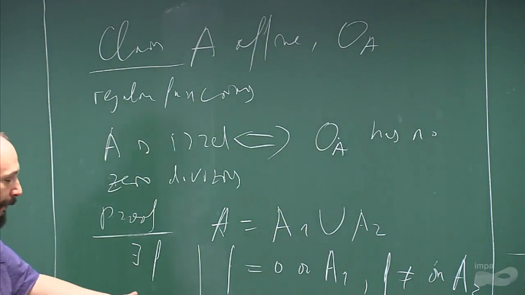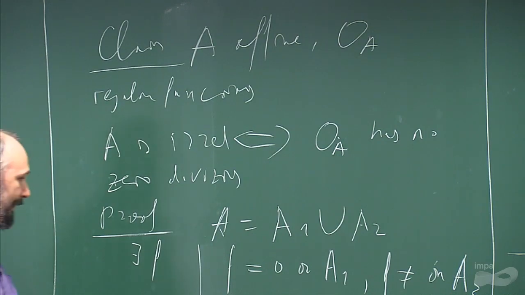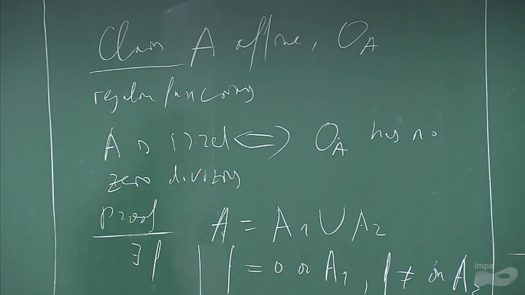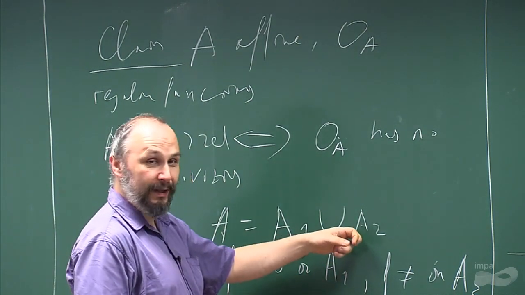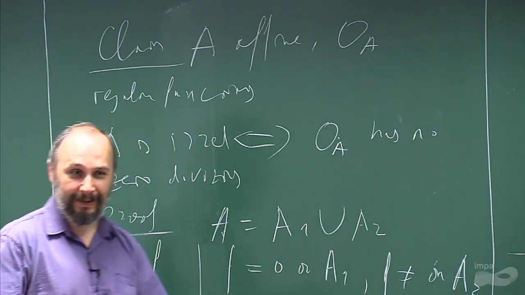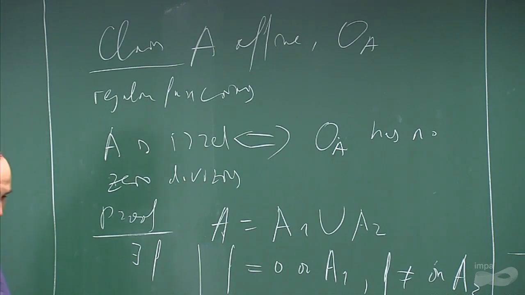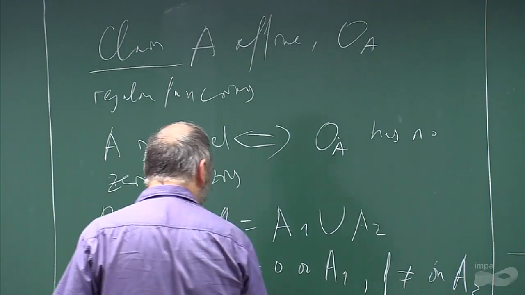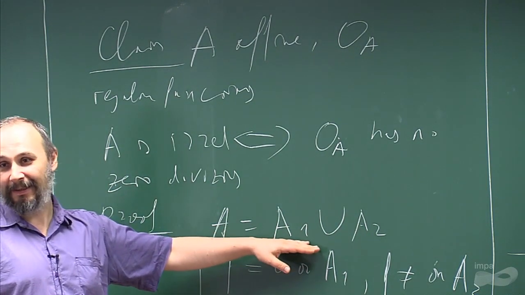Otherwise, if such a function doesn't exist, this means that vanishing on A1 implies vanishing on A2, but by Hilbert Nullstellensatz, an ideal is determined by its zero set.